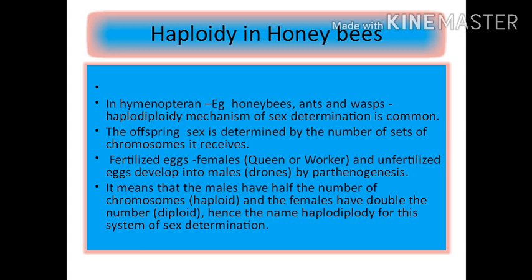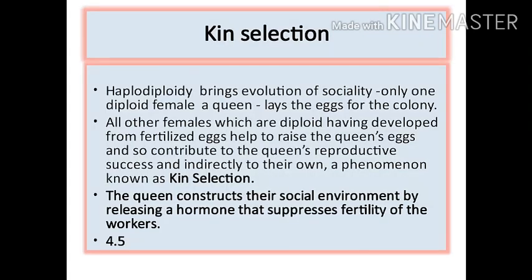As the males are haploid, they produce sperm by mitosis without reduction in chromosome number. So it is the haploidy-diploidy mechanism of sex determination. Haploidy brings the evolution of sociality, in which only one diploid female becomes the queen and lays the eggs for the colony. All the other females, which are diploid in nature, develop from fertilized eggs.